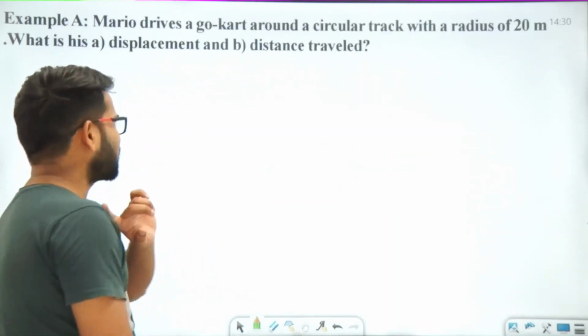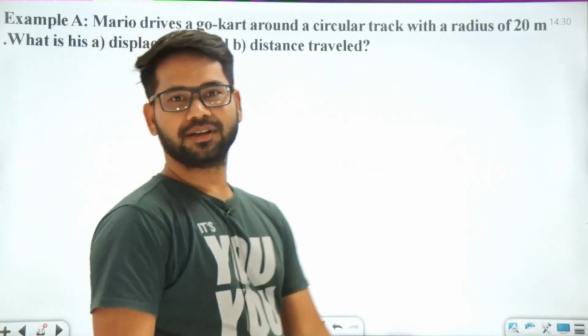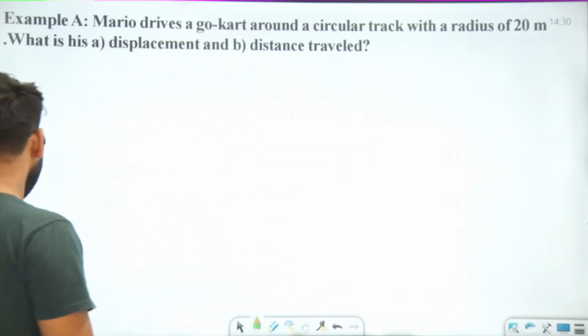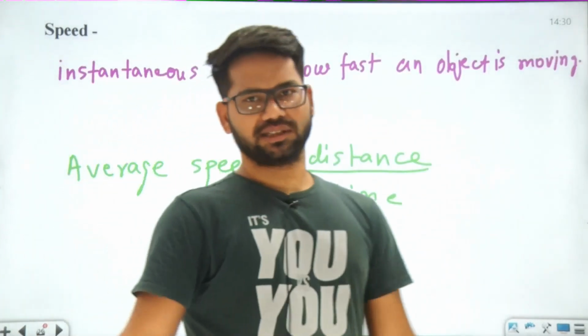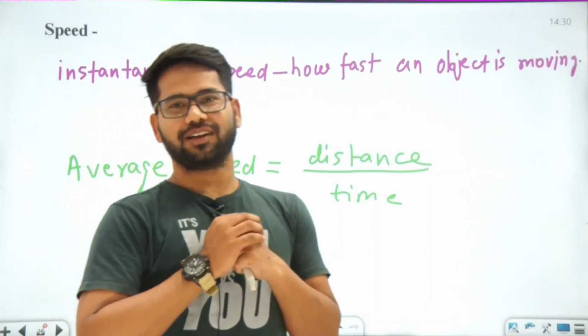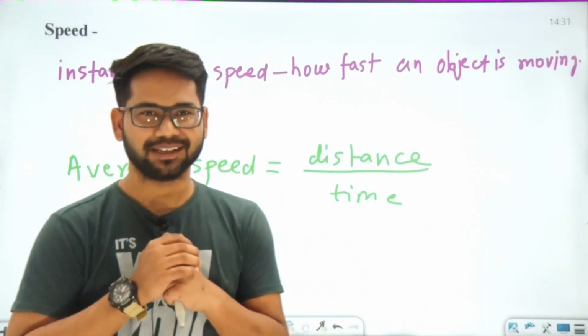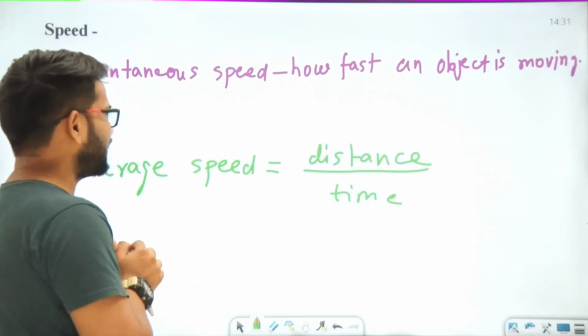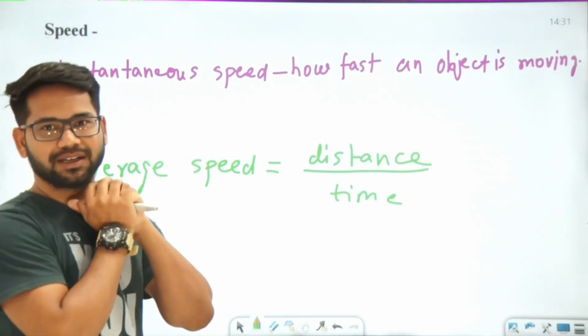And now we are going for application of these concepts. Also we can discuss one more thing. When you are going in a car somewhere and the speedometer is showing something, that will be the speed, right? How fast an object is moving.